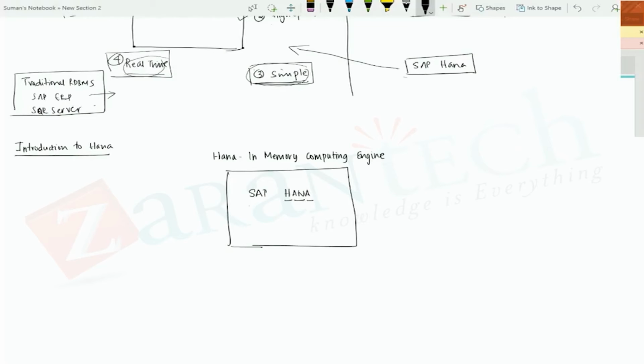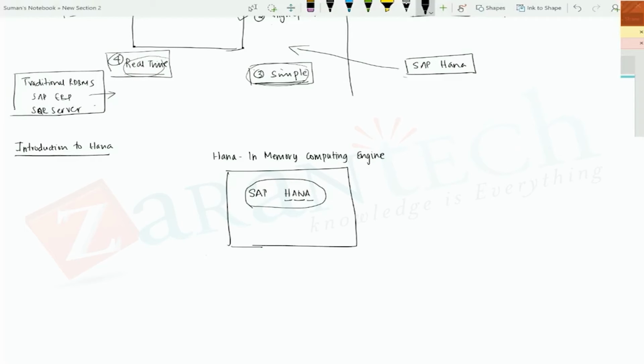When you look at SAP HANA, it is not one single product. It has got information from multiple products that were built by SAP or by non-SAP products. They combined functionality from multiple places and created this product called SAP HANA.